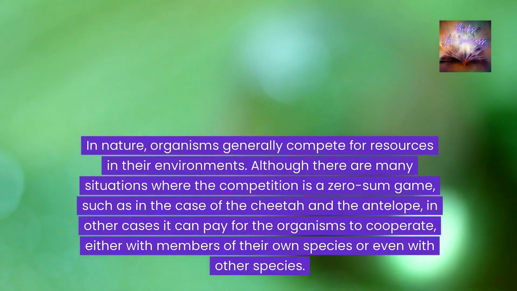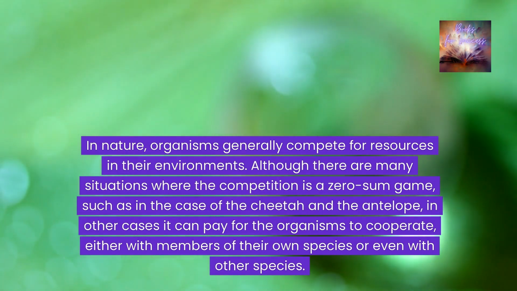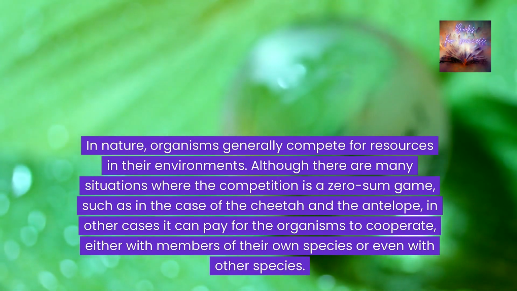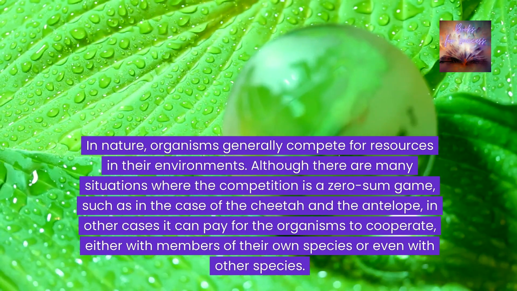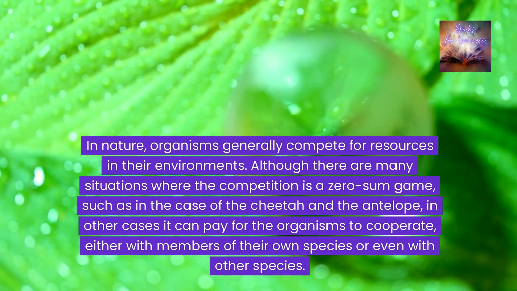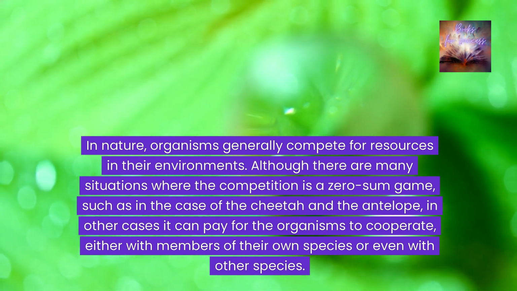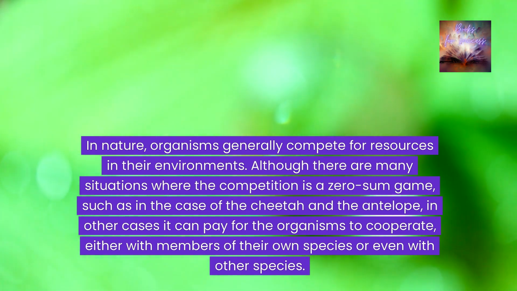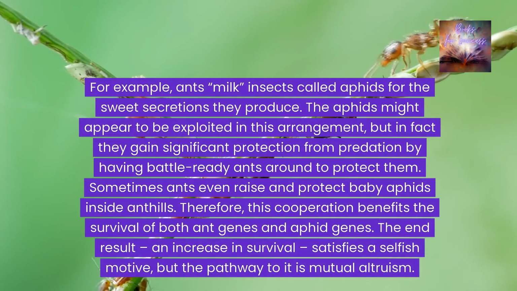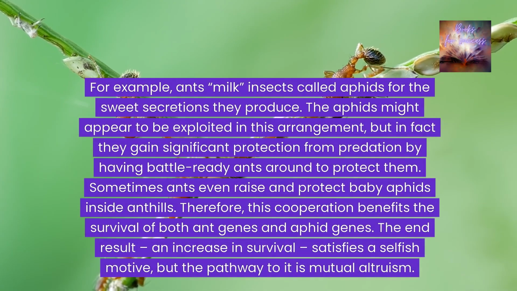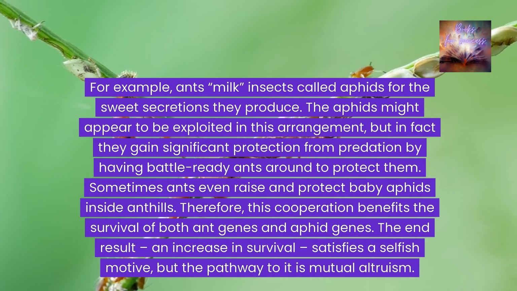In nature, organisms generally compete for resources in their environments. Although there are many situations where the competition is a zero-sum game, such as in the case of the cheetah and the antelope, in other cases it can pay for the organisms to cooperate, either with members of their own species or even with other species. For example, ants milk insects called aphids for the sweet secretions they produce.